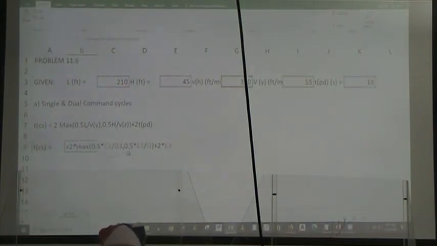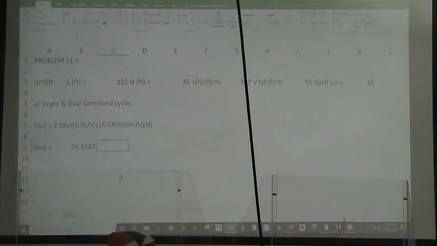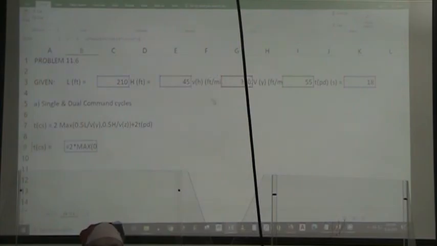Oh, what a grouchy computer. Did that fix it? Okay. All right, except because our time of pickup is in seconds and our speeds are in minutes, I'm going to have to divide the time of pickup by 60.